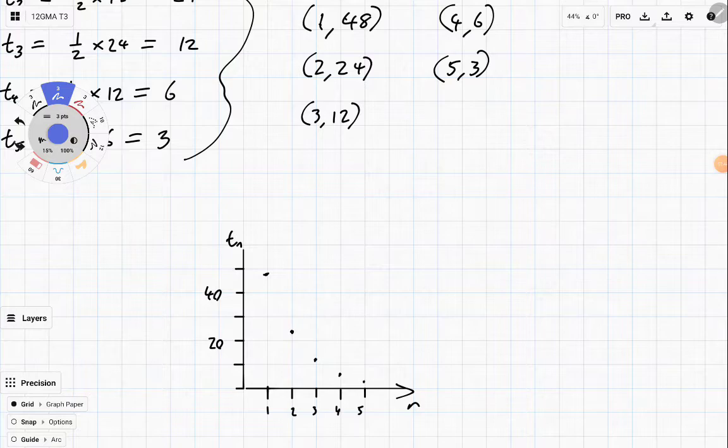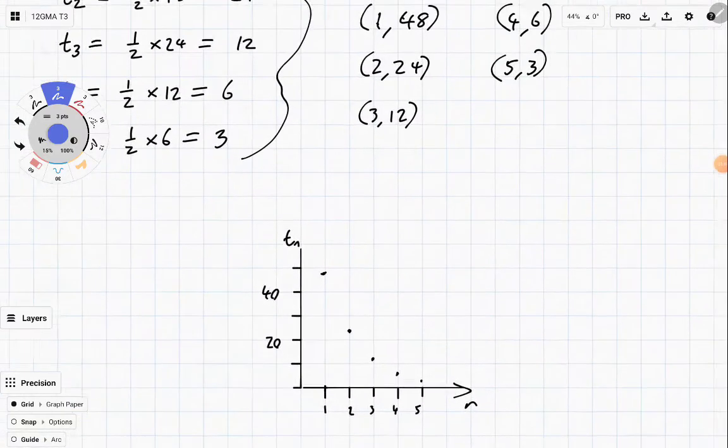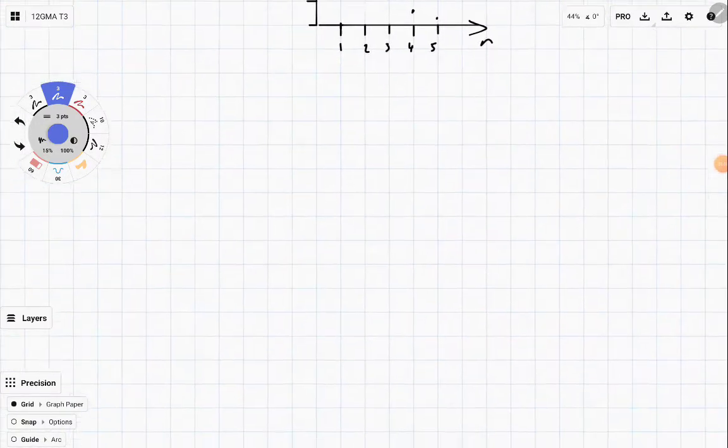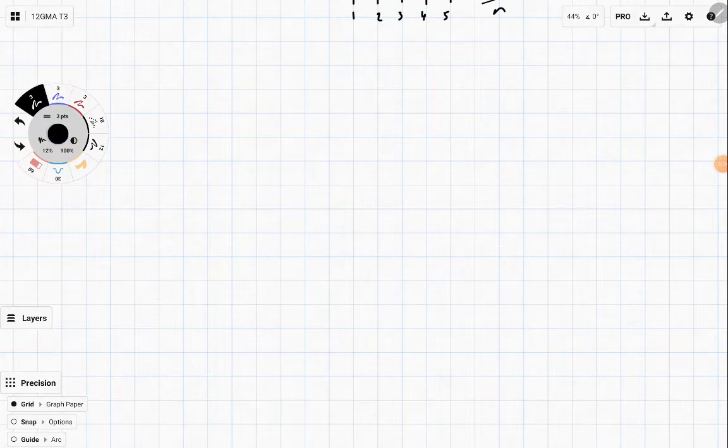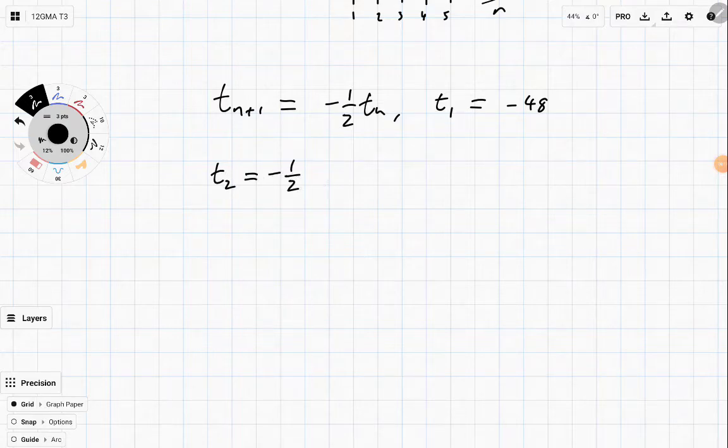One more graph to have a look at, and that's what's going to happen when r, our common ratio, is negative and bigger than negative 1. Alrighty, so Tn plus 1 equals negative a half Tn, and the first term is going to be negative 48. So T2 is going to be negative a half times negative 48.